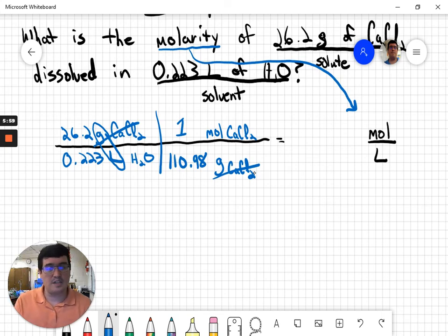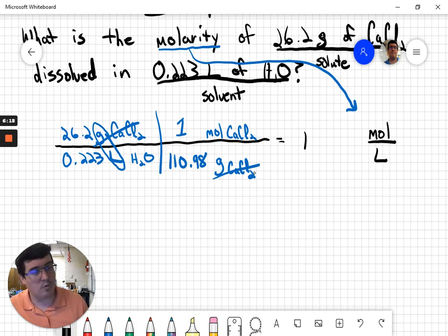So now we plug in 26.2 times 1 divided by 0.223 divided by 110.98. Don't forget, divide by each thing on the bottom. And I get a molarity, the answer back in black ink here, 1.06 moles per liter.